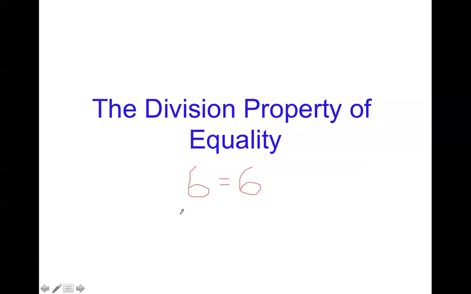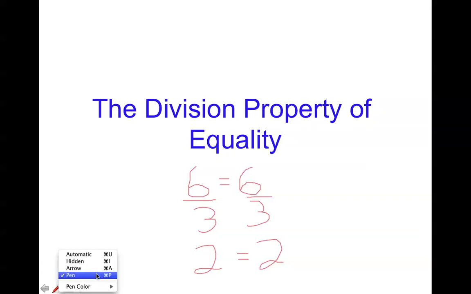So let's go with dividing both sides by 3. If I divide both sides by 3, I'm going to get the answer 2 on this side and 2 on this side. And hopefully everyone realizes that 2 still equals 2. And that's the division property of equality.